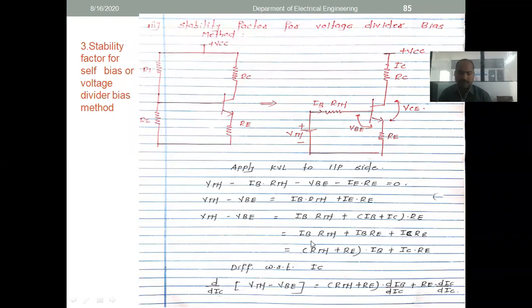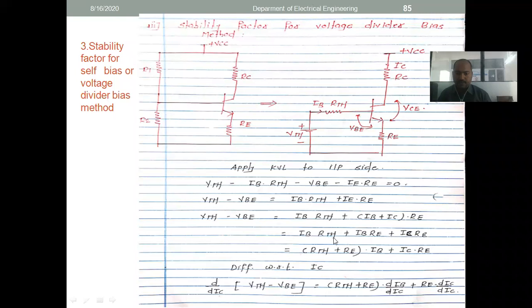After that, IB into RTH as it is, plus IB multiplied by RE, and IC multiplied by RE separated out. So IB into RTH plus IB into RE, then IC into RE. This is the equation, right?